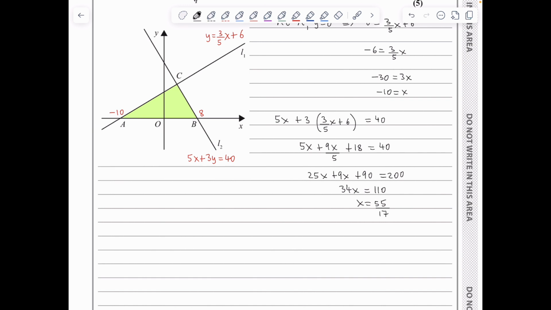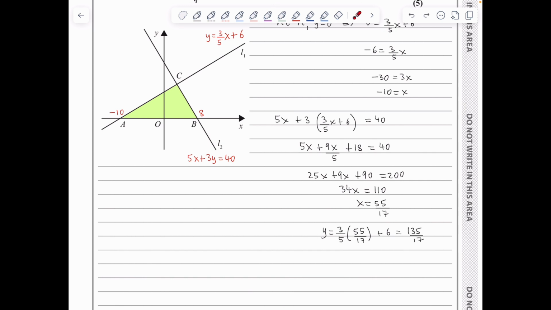Remember, I'm trying to find the y coordinate of point C. So we know that y is equal to 3 over 5 x, which was found to be 55 over 17, and then plus 6, which gives an answer of 135 over 17.